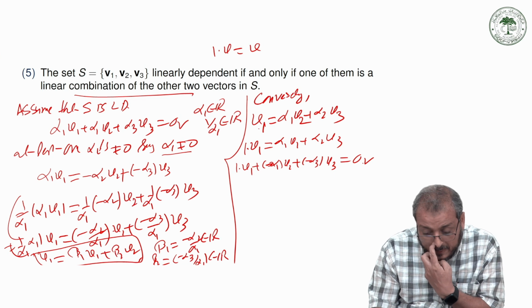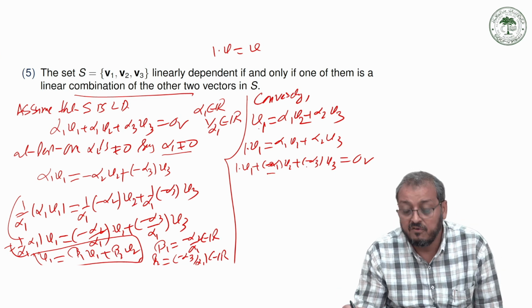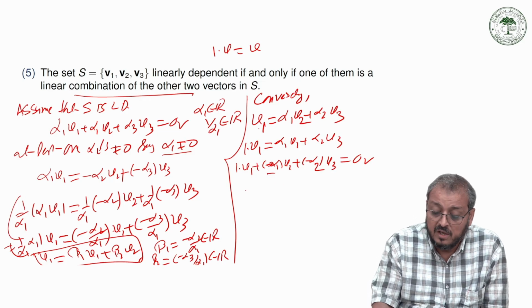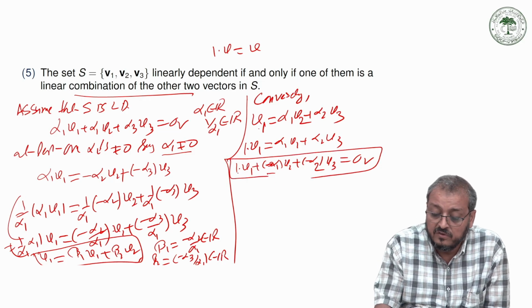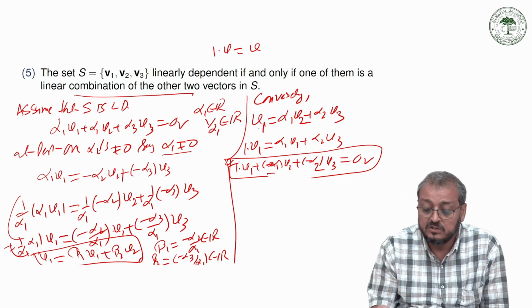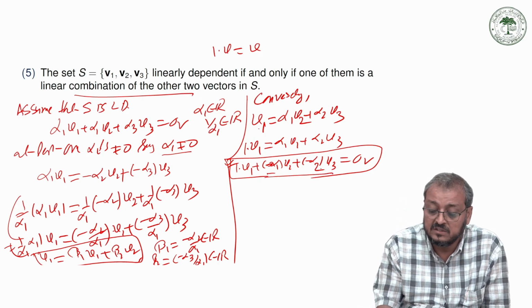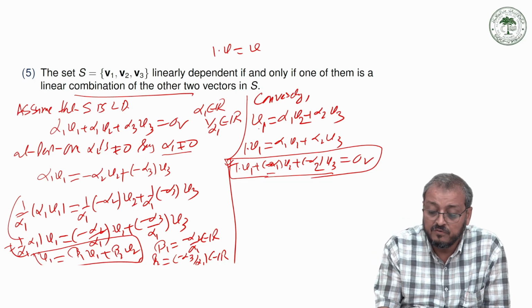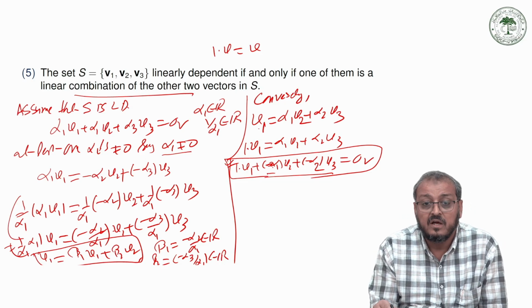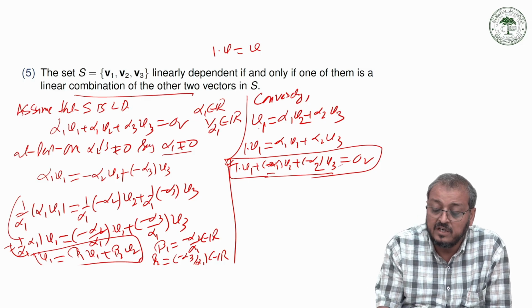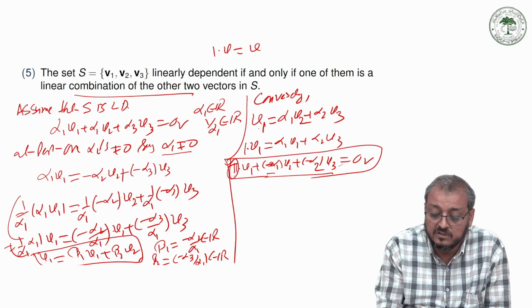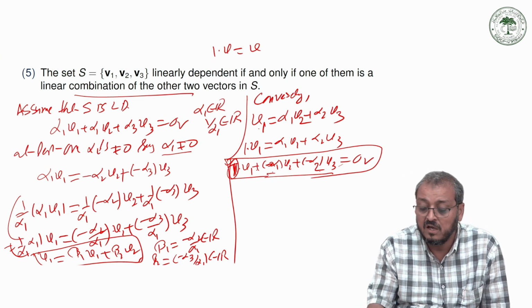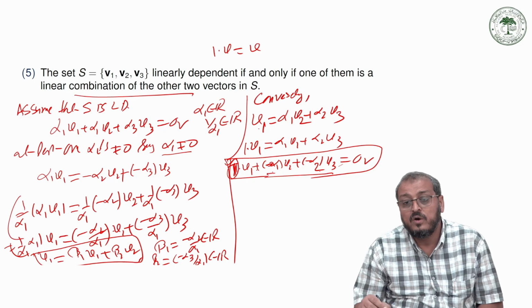Even if alpha 1 and alpha 2 are 0, the vector 1 into v1 is non-zero, so this linear combination is a non-trivial linear combination.